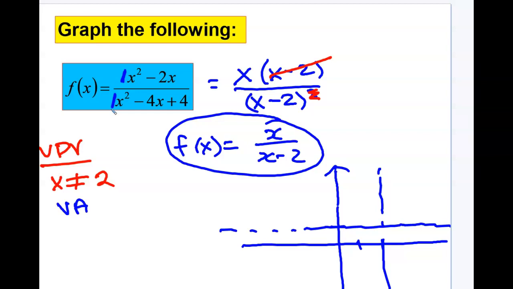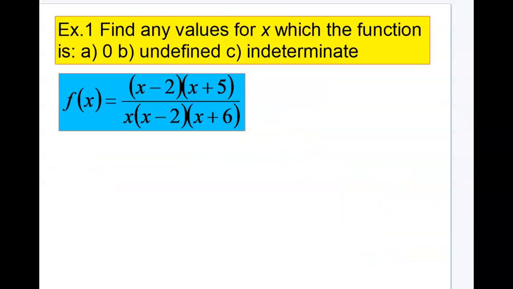Okay, and finally, if I want to find my x-intercept, well, my x-intercept is going to be whatever makes the numerator 0, which is going to be 0. So my graph is going to look something like this in this quadrant, and again up here in that quadrant. So there would be the sketch of my function.